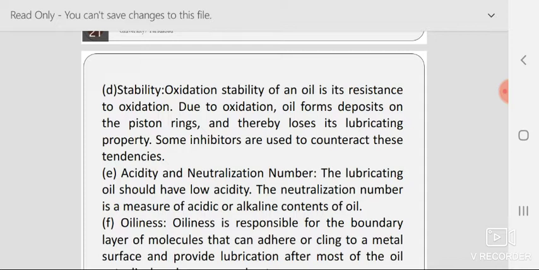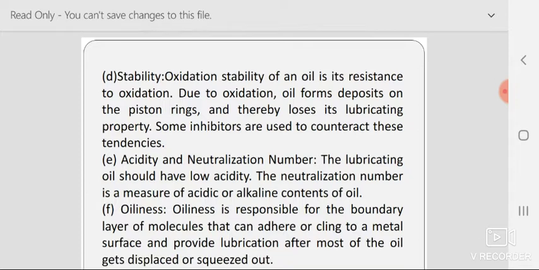Oil should not oxidize. Oxidation tendency is a very bad property of a lubricating oil, because again that forms the rust particles in the cylinder, and these rust particles have a tendency to affect the lubrication capacity and increase the friction. So as a result of that, inhibitors are used.